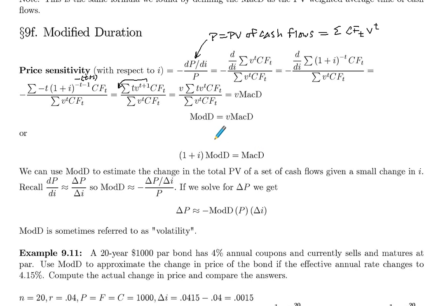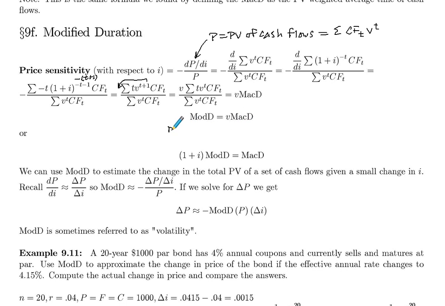And a nice mnemonic to remember this is, what is modified duration? Well, modified duration is price sensitivity, which is a derivative. Okay, what do derivatives tell? They tell how things change. They tell rates of change. So modified duration here is a derivative of Macaulay. Okay, it's a variation.